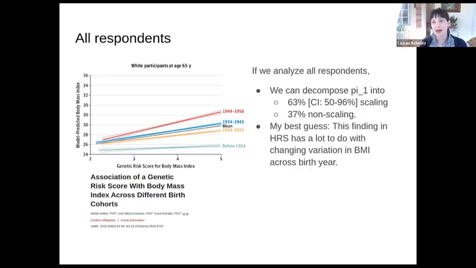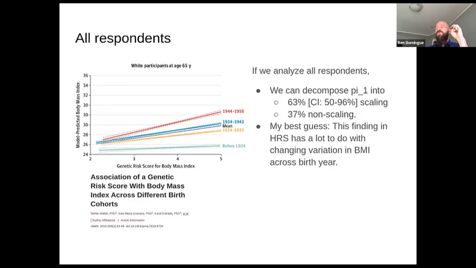Part of the reason that the distribution might be different now is because these BMI-enhancing variants have been allowed to have more penetrance over time because we're in a more obesogenic environment. And so it could be that the genes are part of what's shifting the distribution. So I'm having trouble defining that as pure heteroscedasticity in my head.